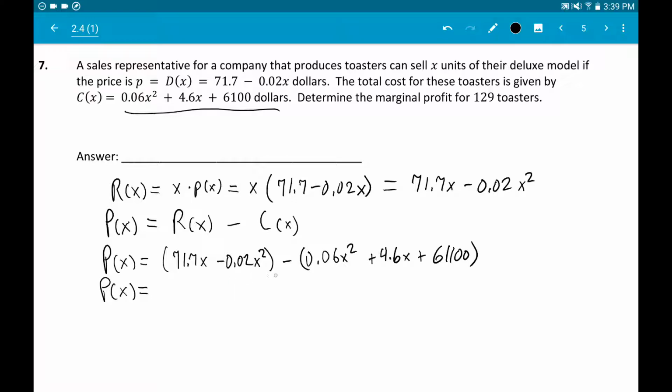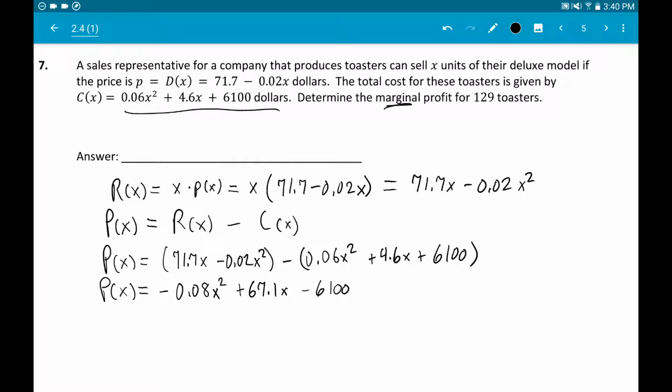So negative 0.02x squared minus 0.06x squared is negative 0.08x squared. 71.7x minus 4.6x is going to be 67.1x. And then distribute your negative sign. This is minus $6,100. For whatever reason I wrote 61,100 here, so 6,100. Okay, so there's your profit function.